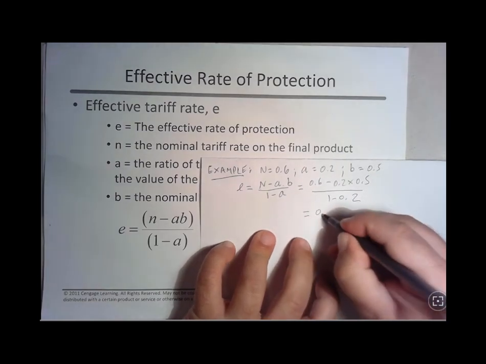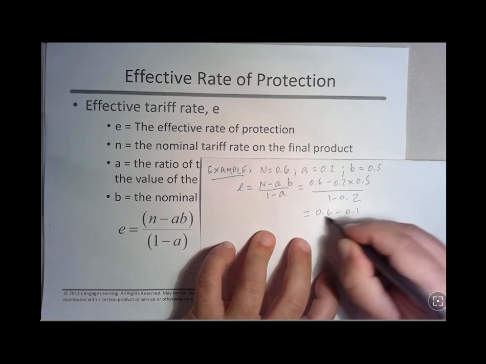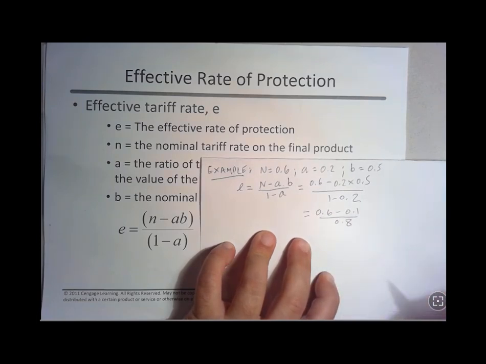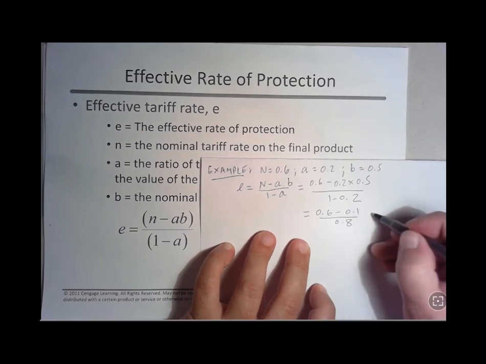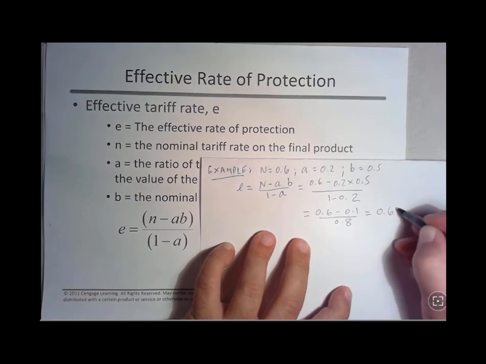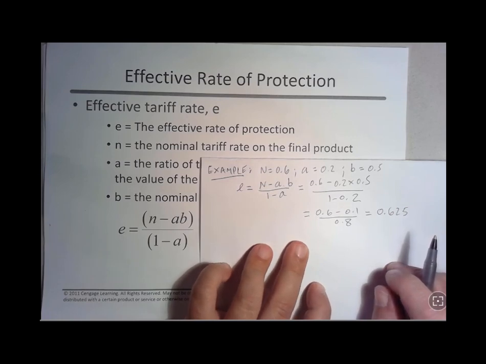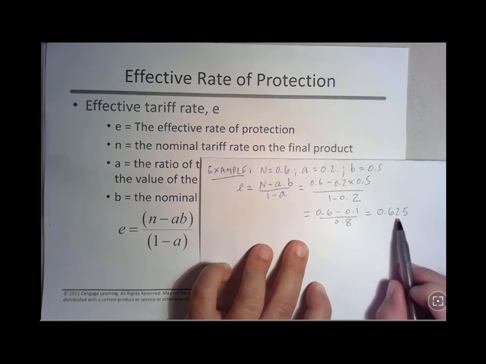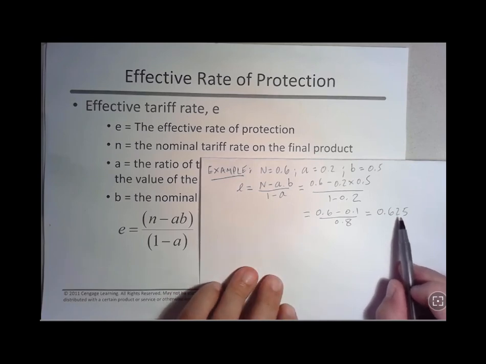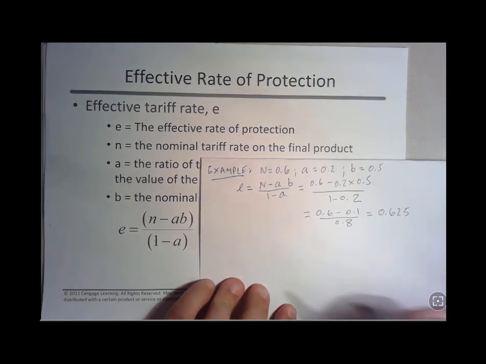This gives 0.6 minus 0.1 divided by 0.8, and this value is 0.625, which roughly speaking means that domestic producers are going to be producing 62.5% more than they would without the protection. Okay. Roughly that's what that means. That's the proxy that we use in economics.